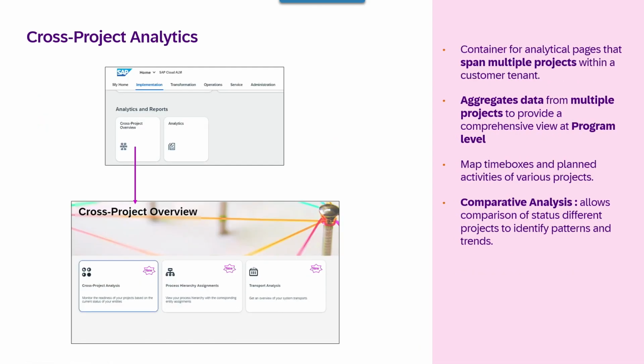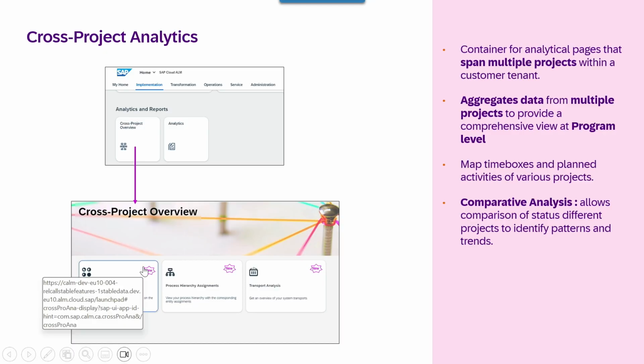We have one more tile on the overview page called cross-project analytics. This is the placeholder for the cross-project reports, the reports that include multiple projects. So multiple project selection is possible in these apps. And let's quickly see what's new in these apps.